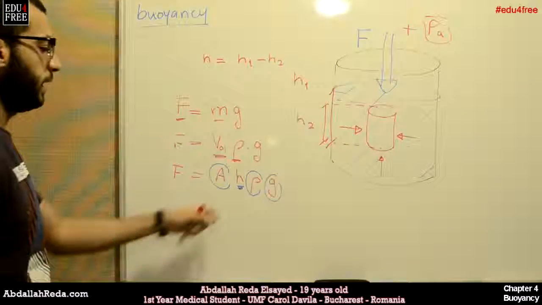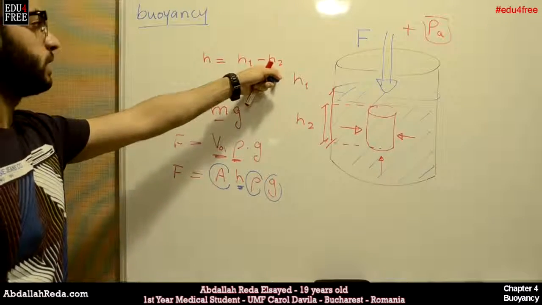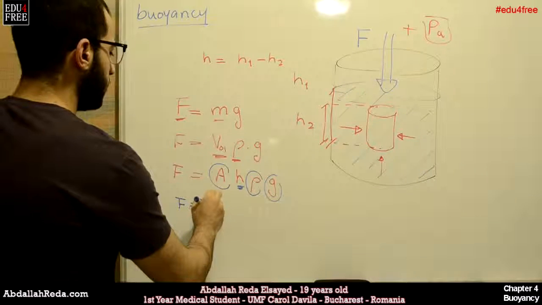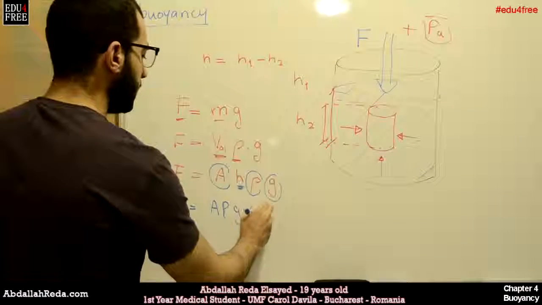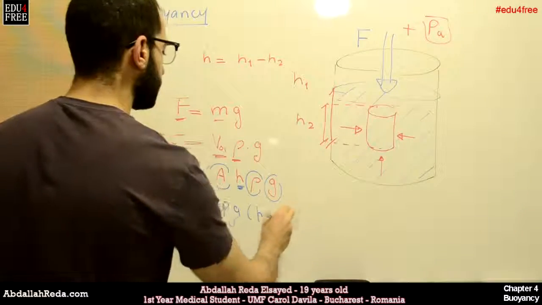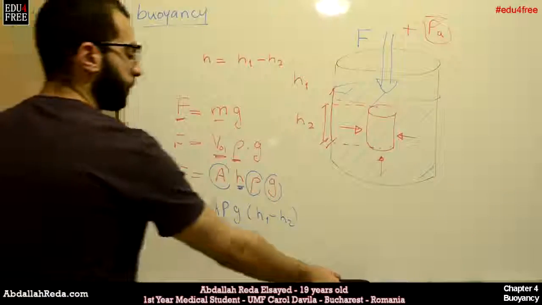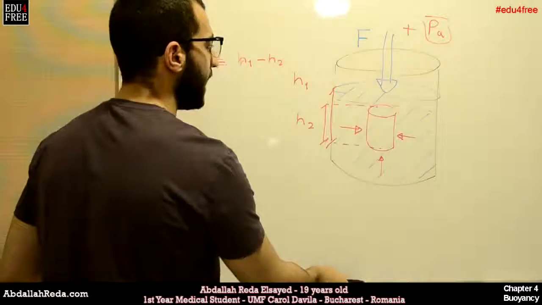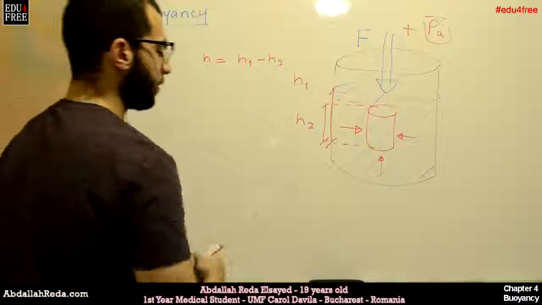Here is the only variable: h equals h1 minus h2. So the force will equal the area multiplied by the density multiplied by the gravity and multiplied by the height difference. Now, this is the force that acts on the object inside the cylinder or inside the liquid.